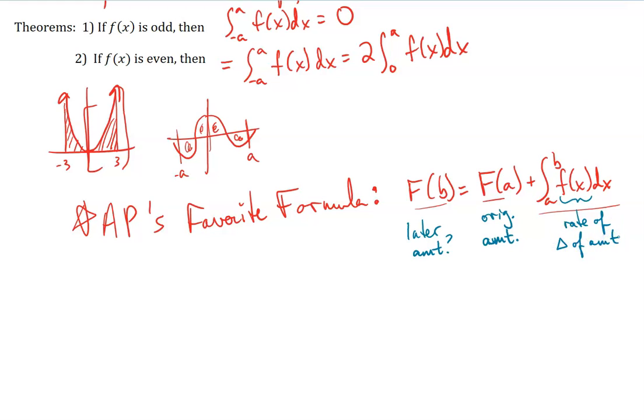So a quick example would be like you're given a position at time 0 and you're given a velocity function, so that's your rate of change of position, and we want to know what is the position 10 seconds later. So we would do the initial position plus the integral from 0 to 10 of the velocity function, and that would give us the position later at 10.